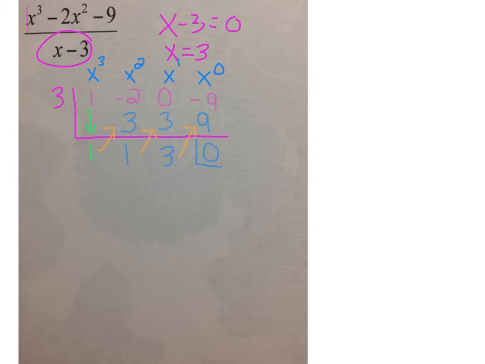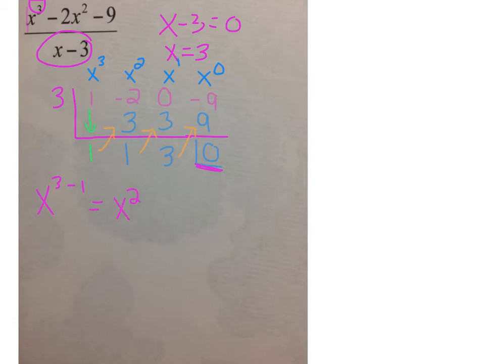Alright, so if we look over here, our remainder is 0, which means that this is a factor. So our last step says to answer with x raised to the n minus 1. So our highest x, or n, was positive 3. So we have x to the third. What we're doing is we're subtracting 1 from it, so we're going to have x squared.